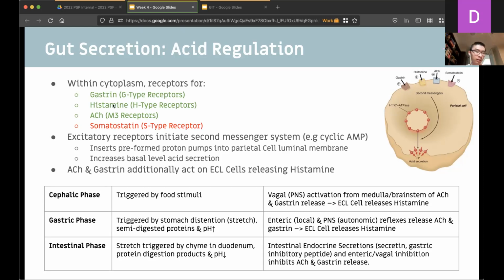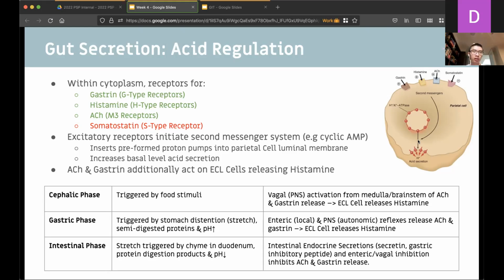The first three, gastrin, histamine, and acetylcholine, are responsible for increasing the acid secretion, while somatostatin is responsible for inhibiting that secretion. So what happens when these receptors are triggered? They trigger the secondary message system, so cyclic AMP, and it sends messages from the receptors down to the lumen, where it inserts more preformed proton pumps into the parietal cell luminal membrane.